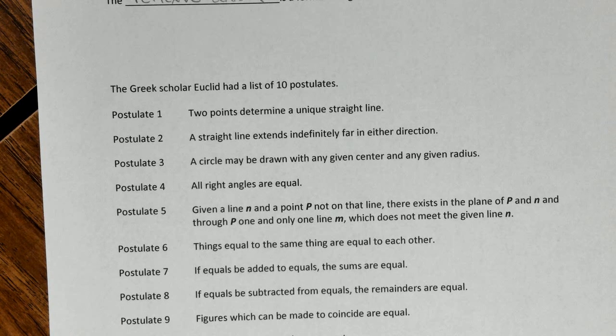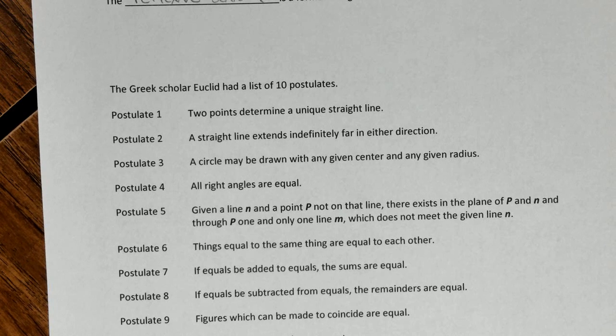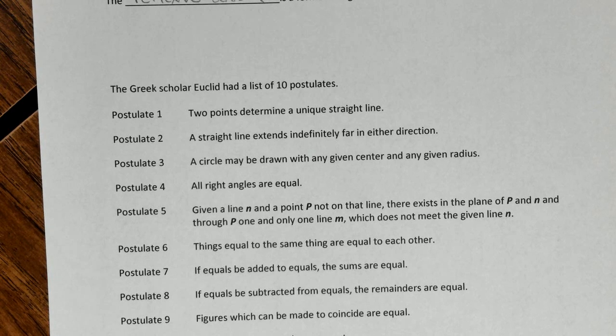If you have 2 points graphed and you draw a line through it, there's only one line you're drawing through those 2 points. Postulate 2, a straight line extends indefinitely far in either direction. Right. Postulate 3, a circle can be drawn with any given center and any given radius. You put a point somewhere, you can draw a circle around it, as big as you want.